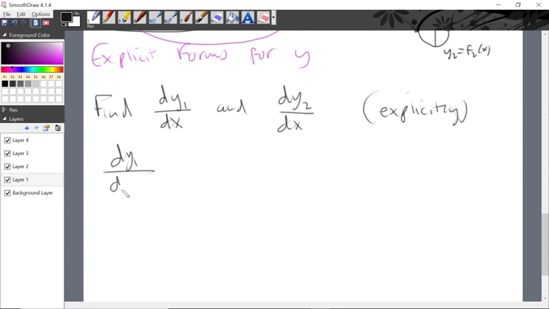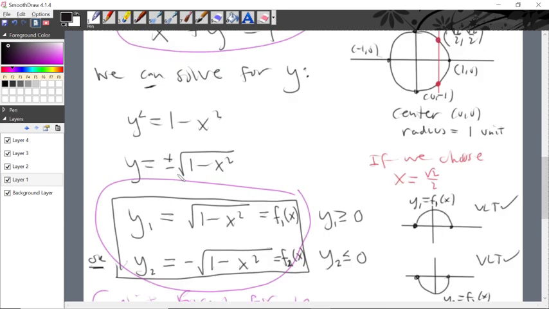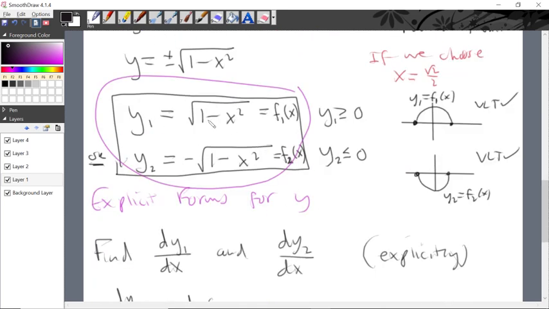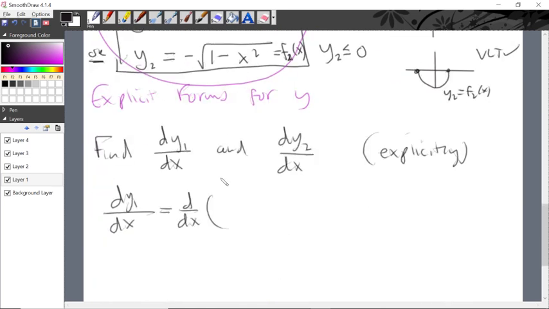First, dy1/dx is the same as taking the derivative with respect to x of f1 of x, which is the square root of 1 minus x squared, the positive principal square root. Now we can rewrite this as a composition where you have a polynomial inside of a power function.